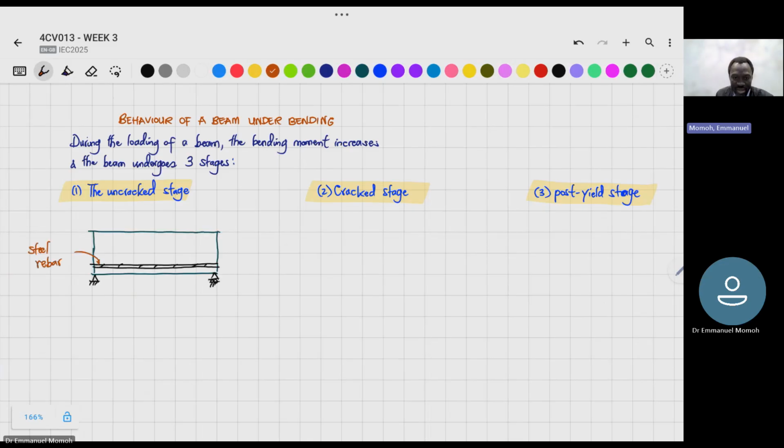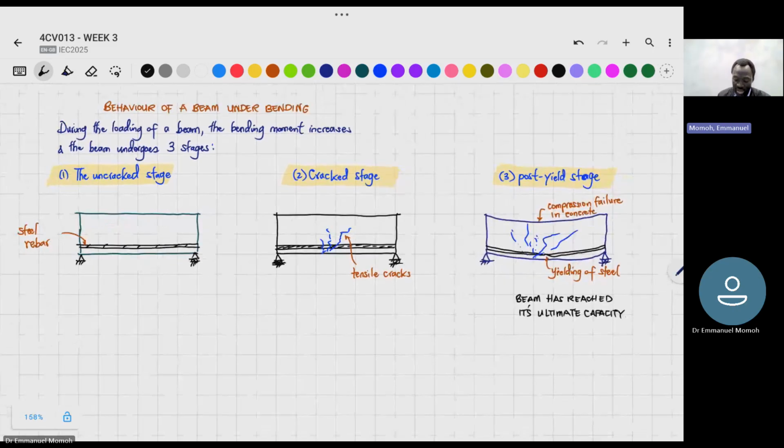In the cracked stage, the concrete cracks in tension, and in the post-yield stage, the steel yields. Concrete compression zone governs, and the beam approaches its ultimate capacity. So these are the 3 stages that govern the behavior of a reinforced concrete beam as the load increases. It also causes the bending moment to increase.